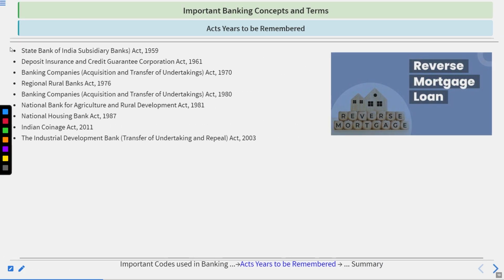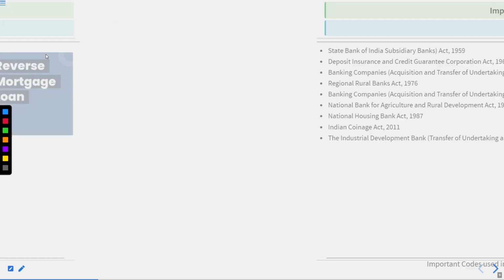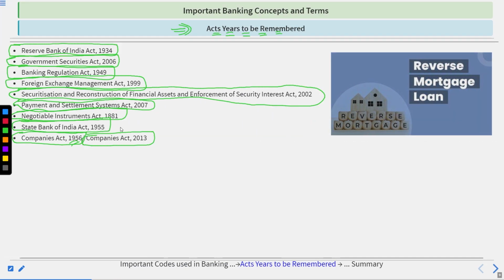Then the State Bank of India Subsidiaries Bank Act 1959. Remember, this is different from the State Bank of India Act 1955.